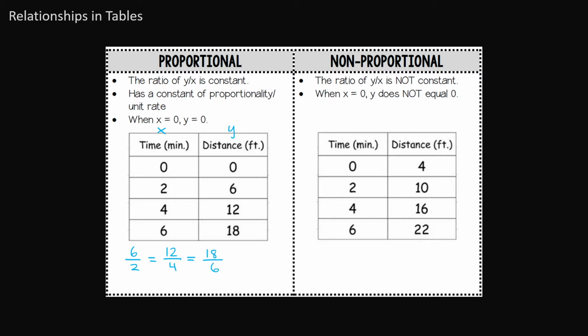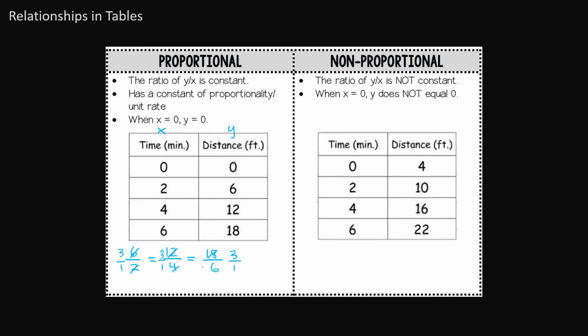Now, if all of these ratios reduce to the same thing, this table is proportional. So 6 over 2, I can reduce that to 3 over 1. 12 over 4 also reduces to 3 over 1. And 18 over 6, if we divide the top and the bottom of this fraction by 6, we're also going to get 3 over 1.